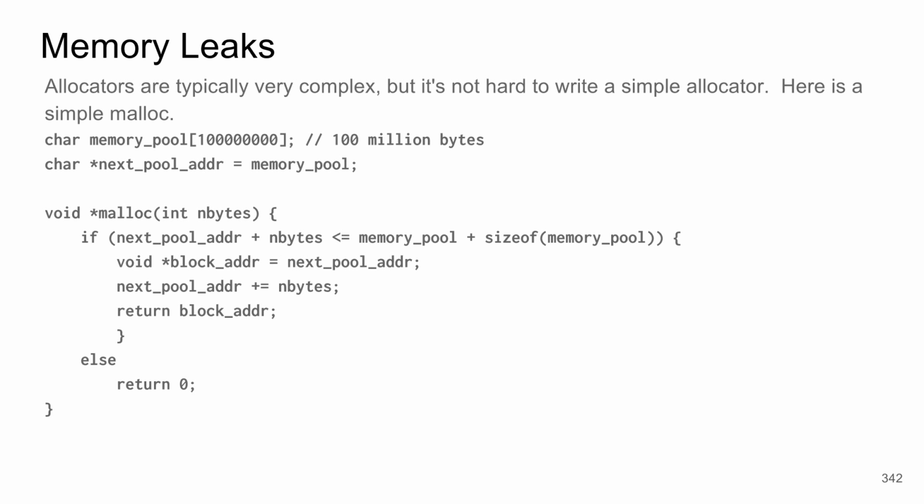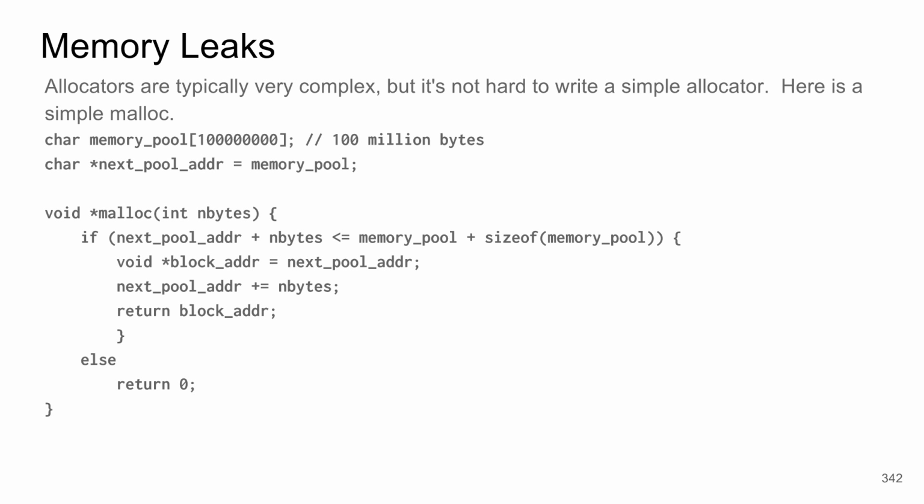We then move next pool address down however many bytes we just handed out, and then we return that block address, right? Otherwise, we say we don't have enough memory and we return 0.